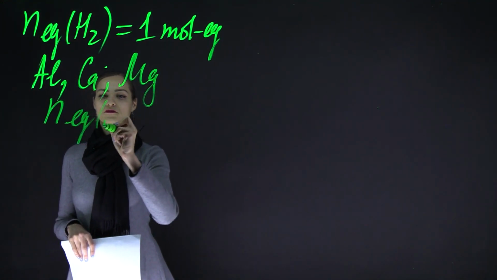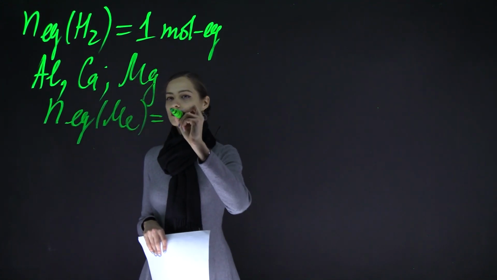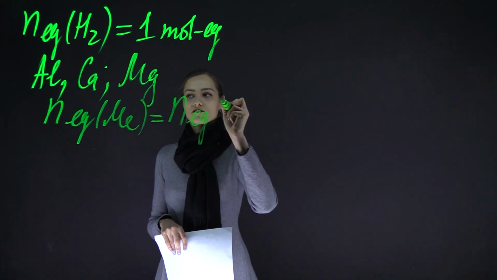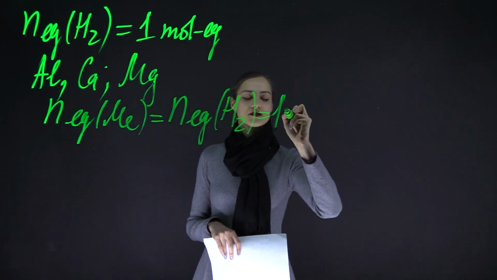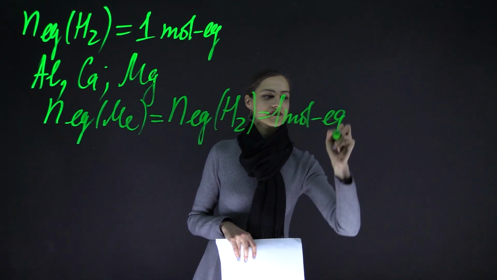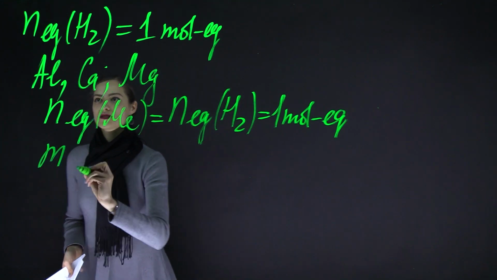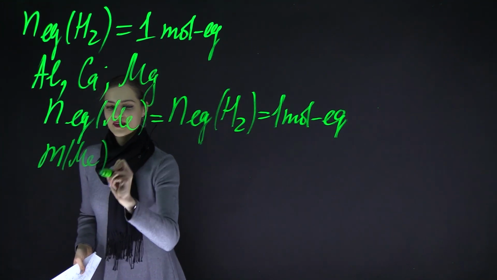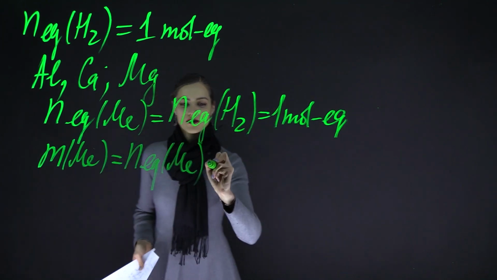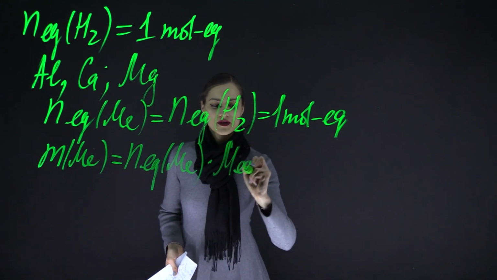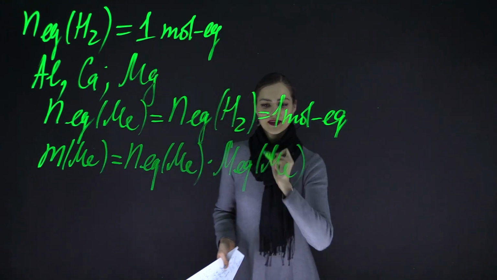The number of equivalents for the metal, the same as the number of equivalents for hydrogen, equals 1 mole equivalent. So the mass of metal is the number of equivalents for this metal multiplied by the equivalent mass for this metal.